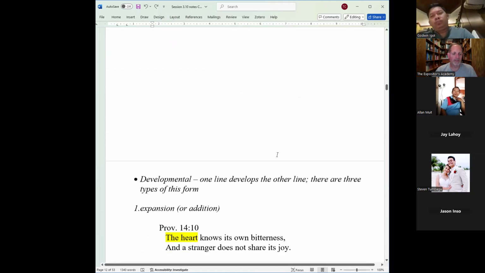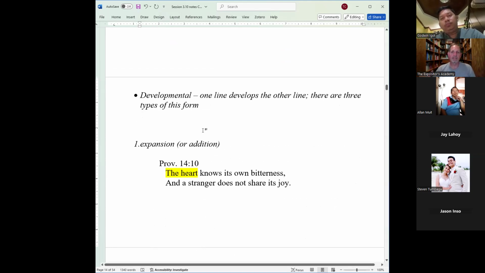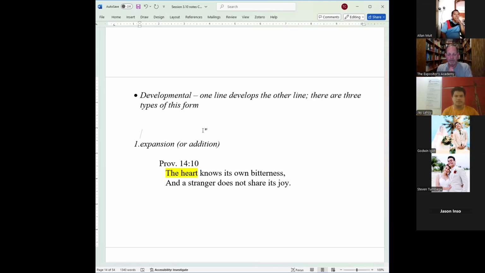Now we get into ones that are a little more challenging, and that is the developmental, where the one line develops the other. So they're still connected. There's still a relationship between the two lines in the verse. And this time, it's not a synonymous relationship. It's not contrastive.